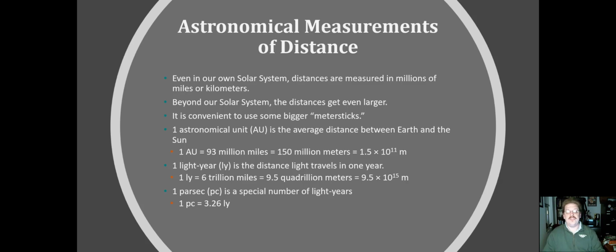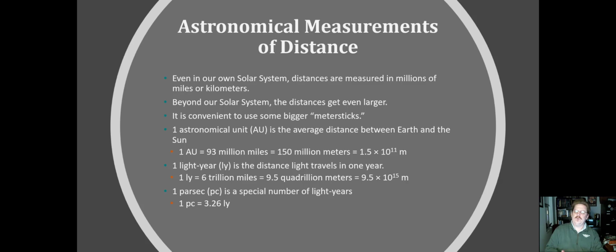You can do the math, and basically 1 light year equals 9.5 times 10 to the 15th meters. Again, you can see why that's a mouthful. You don't really want to measure things in meters. The closest star, Proxima Centauri, is around 4.5 light years away. So much easier than 4.5 times 9.5 times 10 to the 15th meters.